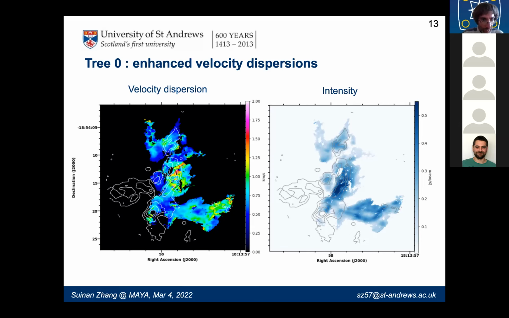I have more questions. MM2 being so young and so poor in lines, what molecules do you think we could try to search for to study the properties of the core itself? Something like simple deuterated molecules? That's a very good question. So yeah, MM2 is poor in lines.